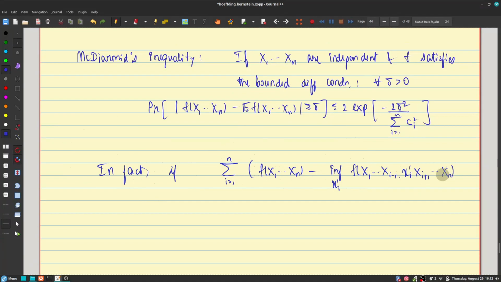So if you let all other variables be random, but look at the maximum deviation in only the ith variable, and the sum of all of these is less than or equal to some quantity v with probability 1, so these are all random variables, so we need some kind of a probabilistic bound on these. So if the sum is bounded by some quantity v with probability 1, then again you can prove a similar exponential tail bound.